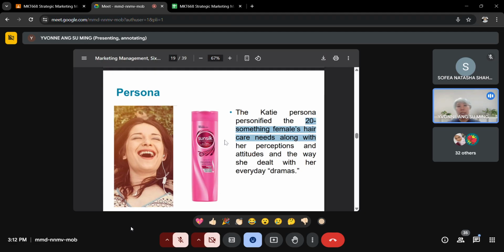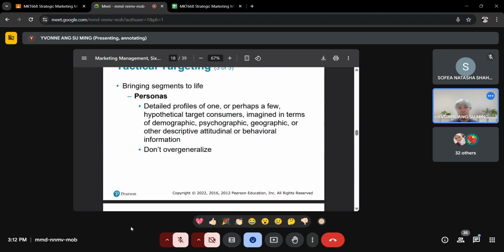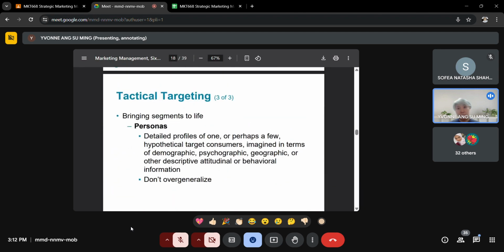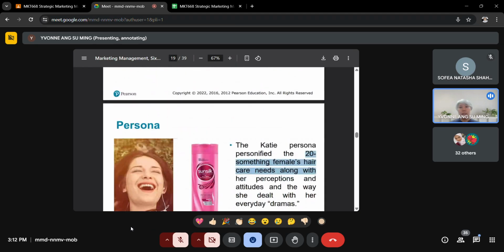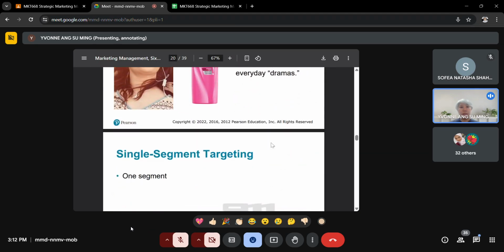Okay, so persona has many uses, in making segmentation also, not only for building the 4Ps, building positioning, but also in some occasions can be used for advertising and also marketing communications.